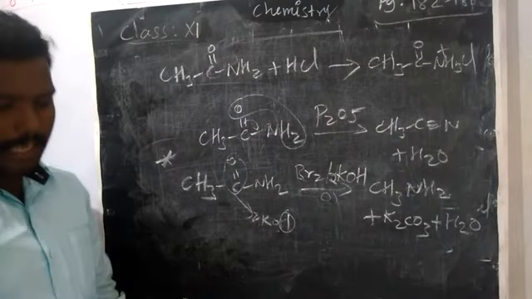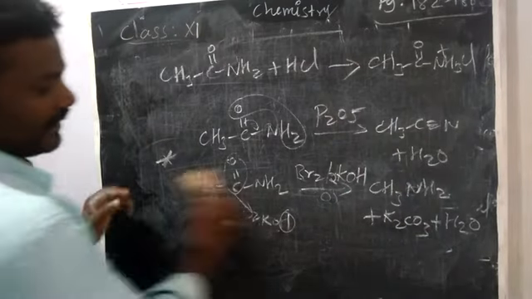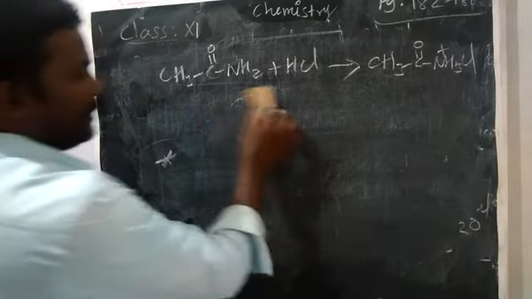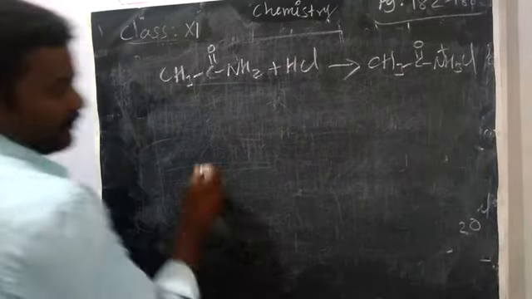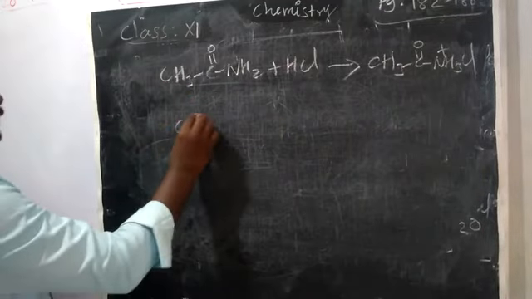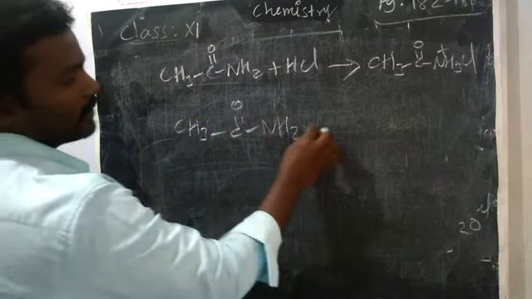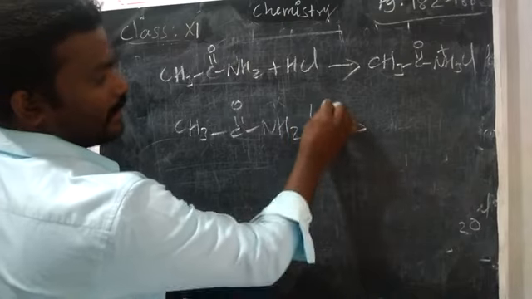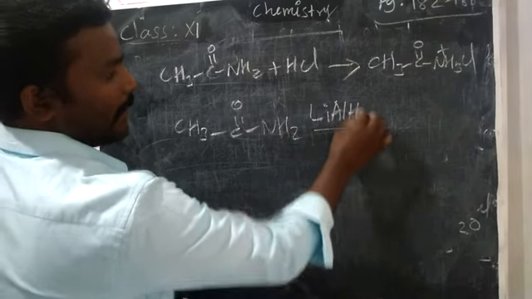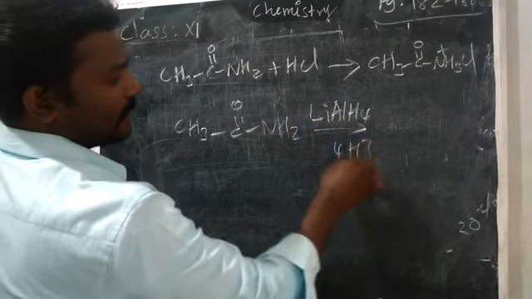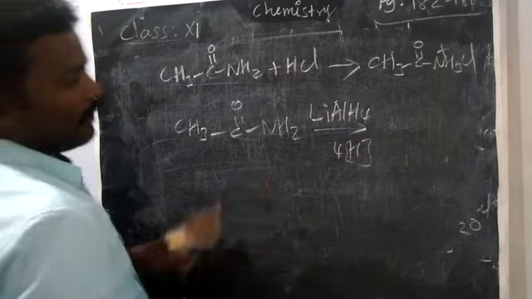At last, on reduction with lithium aluminum hydride, acetamide, CH3 C double bond O NH2, with lithium aluminum hydride, 4 hydrogen. Now what will happen?